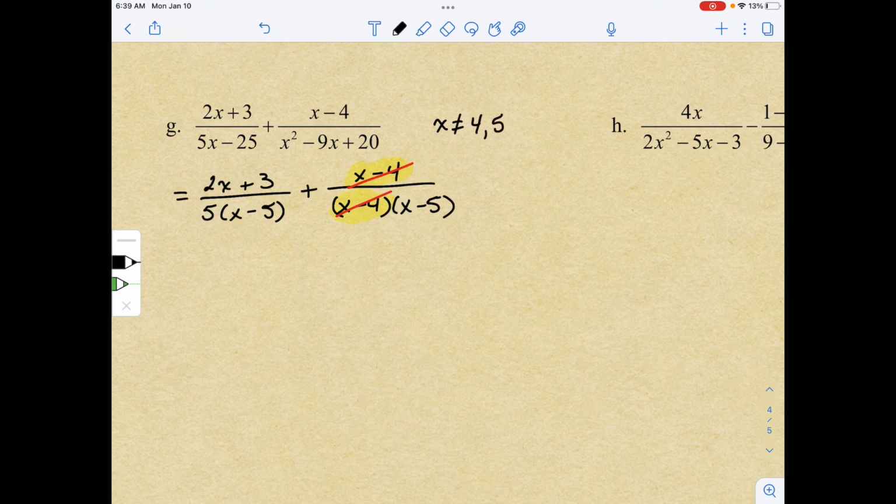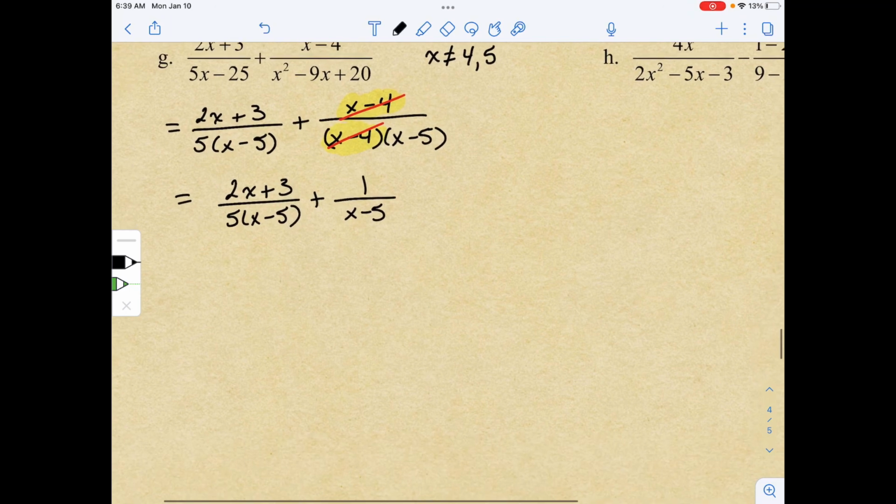I do know that indeed x still cannot be equal to 4 or 5. But I'm just going to rewrite this now as 2x plus 3 over 5x minus 5 plus 1 over x minus 5. And that'll give us a simpler denominator to work with.